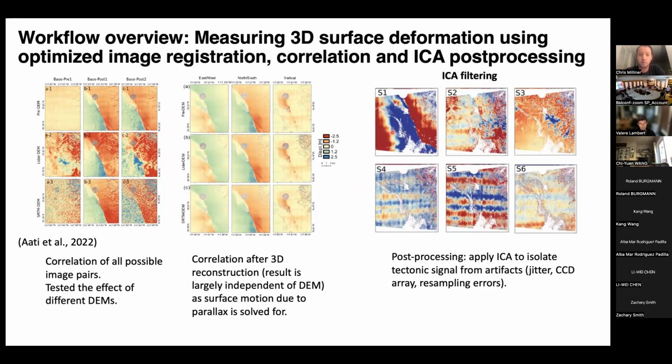This source S1 shows us the tectonic signal, because this signal is global, or can be found in all of the images. But if we go to lower or higher order components, we can start to see smaller scale signals. These are related to the satellite jitter, this kind of cross striping, and the vertical striping is the CCD array artifacts. This shows how ICA can help separate the tectonic signal from the geometrical artifacts.